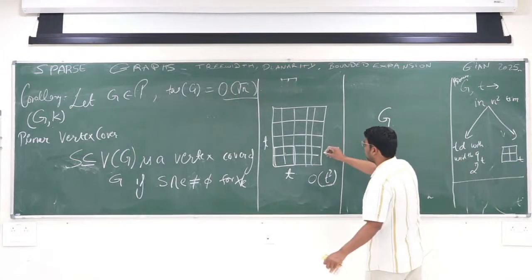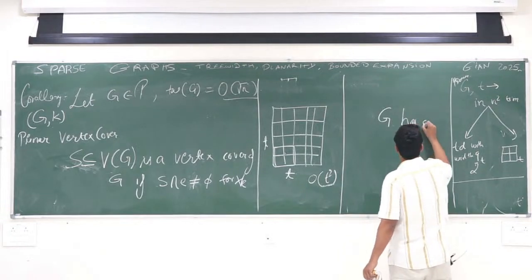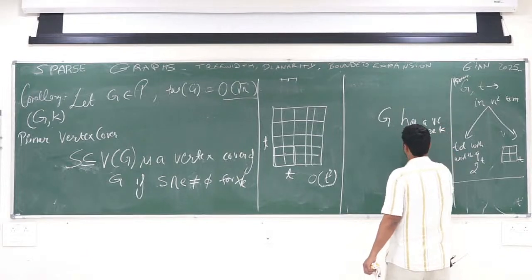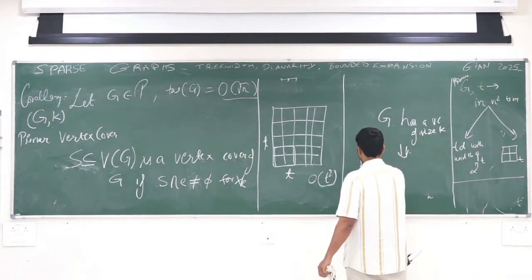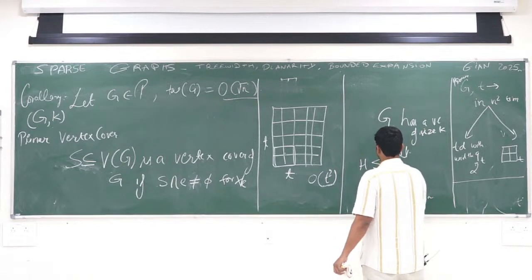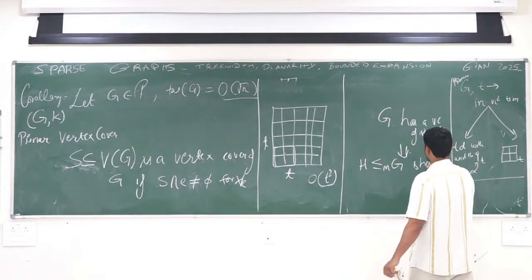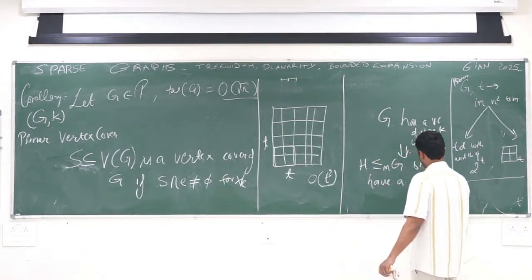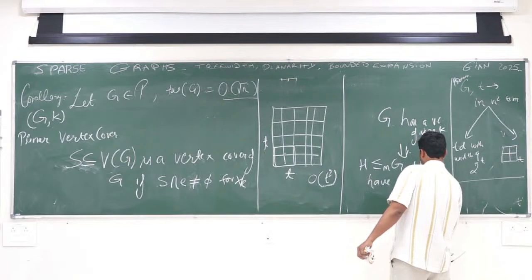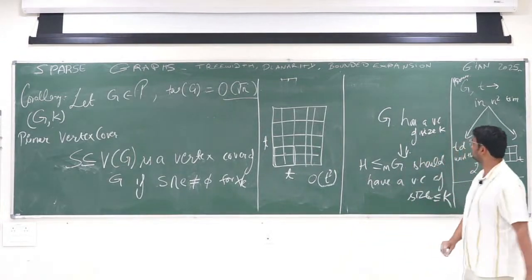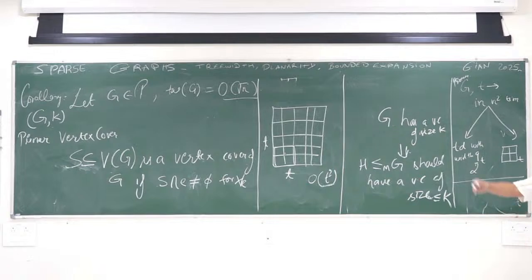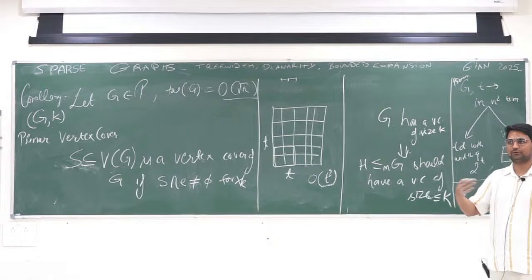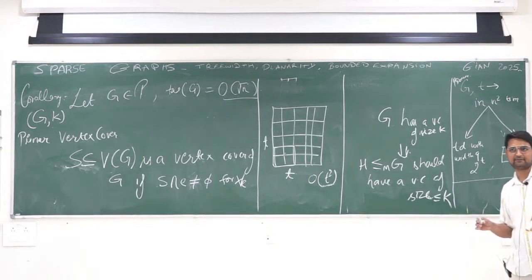It means that if my G has a vertex cover of size k, then every graph H, which is a minor of G, should have a vertex cover of size less than or equal to k. So if I take a graph, I take its minor, its vertex cover should not increase.